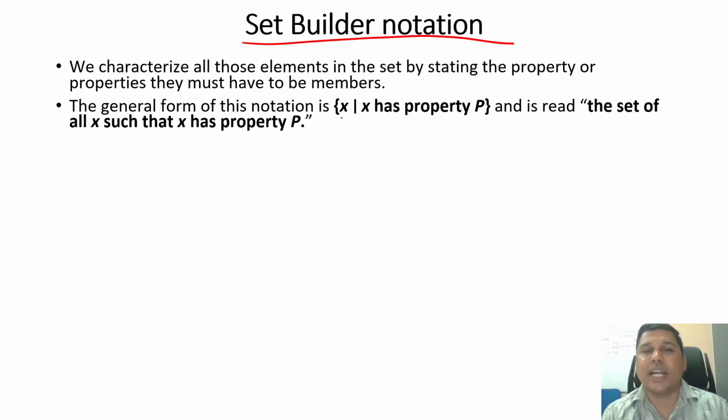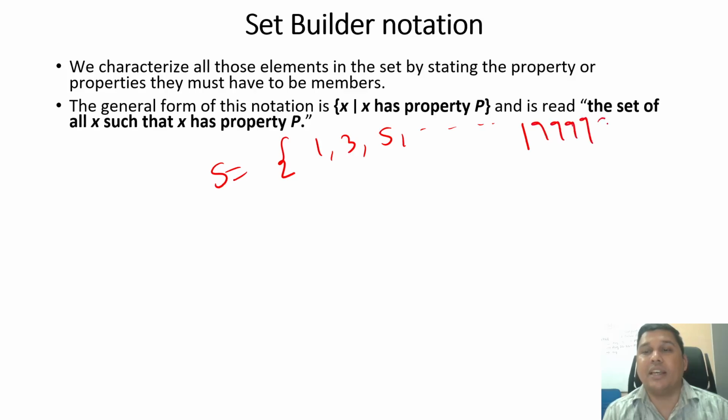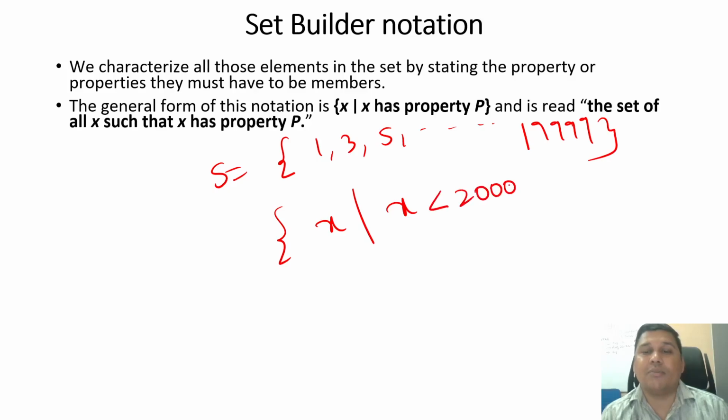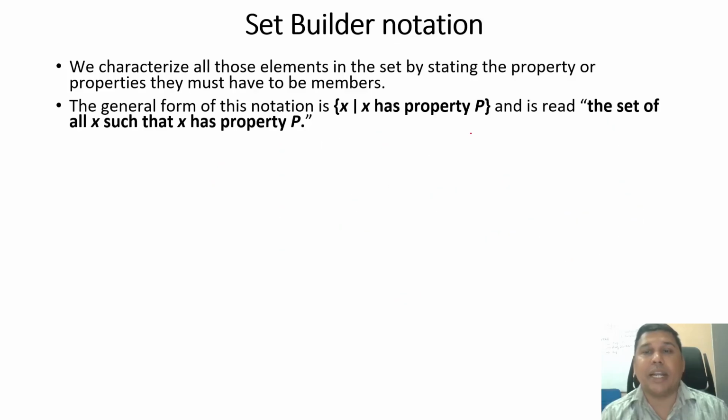We give the element x and a pipe symbol, where x has the property P. For odd numbers less than 20,000, we can write {x | x is less than 20,000 and x is odd}. Like this, in a single short statement, we are able to represent that set. That is called set builder notation. We can read it as the set of all x such that x has the property P.